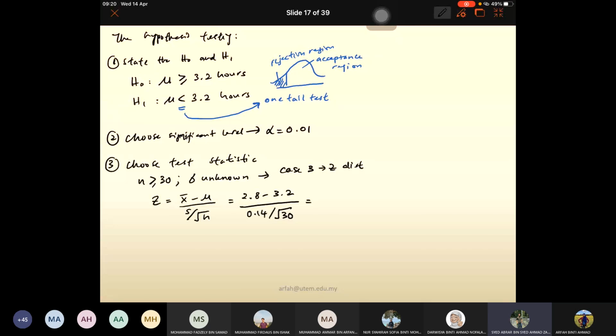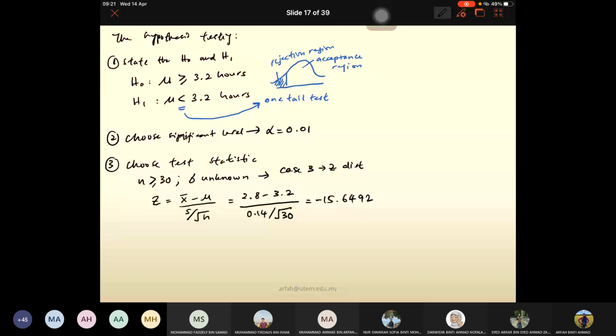Okay. So berapa jawapan? Yang ini. Negatif 15.6492.